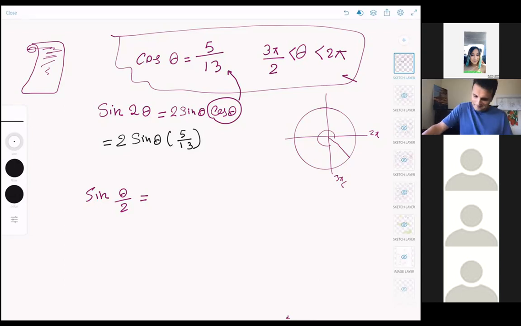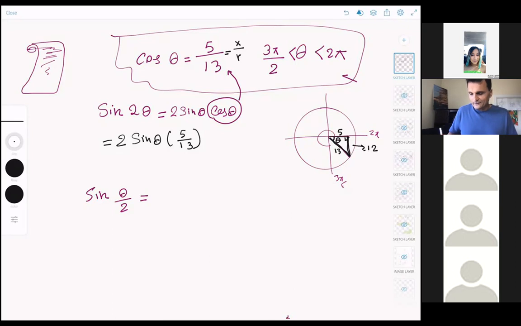Pythagorean. Yeah, Pythagorean. So this is theta, correct? We make a right triangle. Cosine of theta is 5/13, which is x over r. So this is 5, this is 13. We use the favorite formula that Elizabeth loves, Pythagoras, and this will be 12.